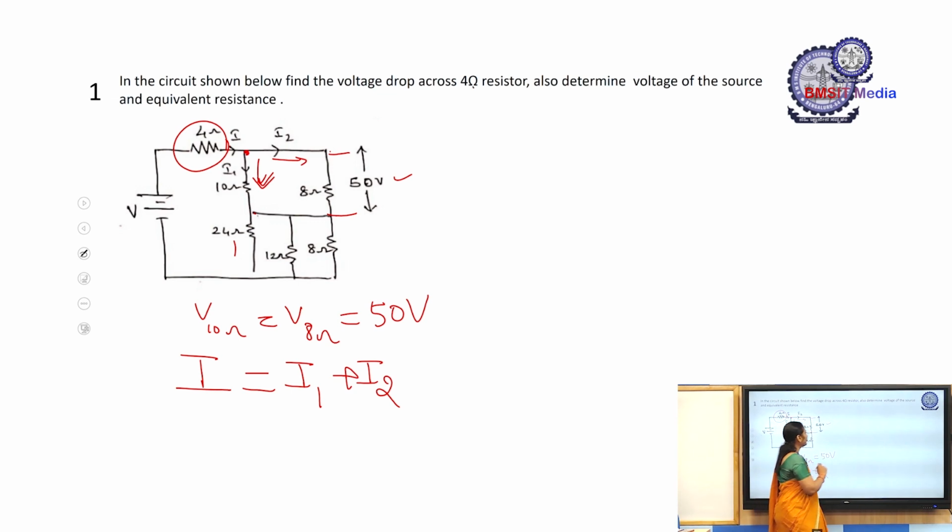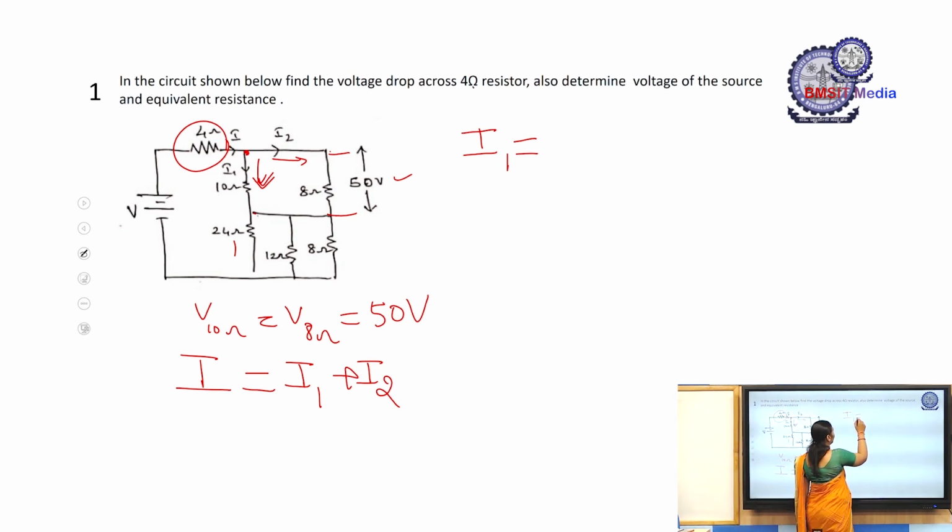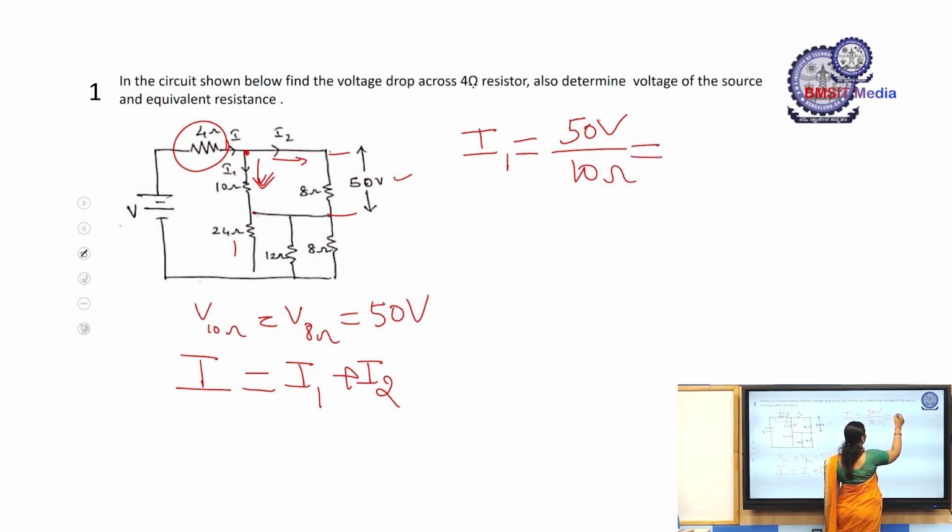Let us find I1. I1 is the current flowing through the 10 ohms resistor, which is the voltage across that resistor, given as 50 volts, divided by 10 ohms. So this will be 5 amps.